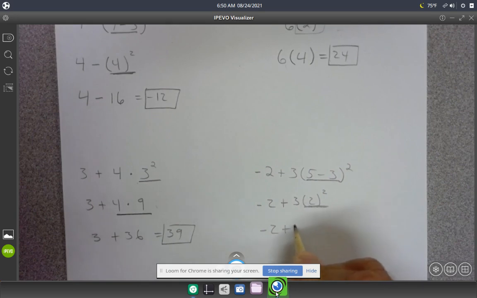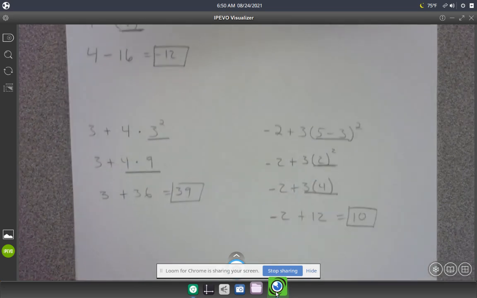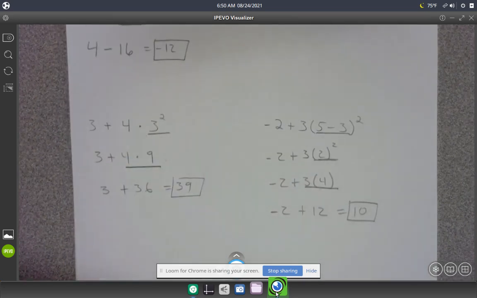So it's negative 2 plus 3 times 4. We got to multiply before we do the addition here. So that's going to become a 12. It's negative 2 plus 12, which is equal to 10. Good grief. All right, that's it for this one.